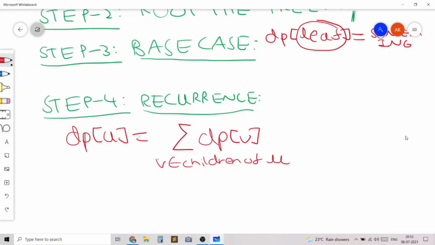And the key thing is that it need not always be a summation. It can also be a summation plus 1, or it can be a summation minus some other value or something. And again, this will vary from problem to problem.